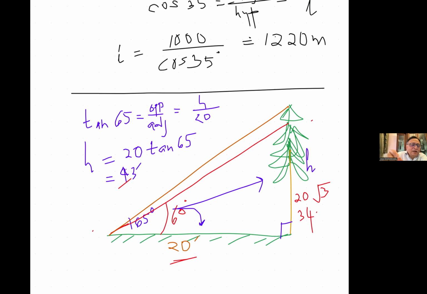I would like you to now summarize our learnings. Can you please summarize the learnings? We did a pretty application-based lesson today, but I revised the special triangles, the 30, 60, 90 triangle and the 45-degree triangle.